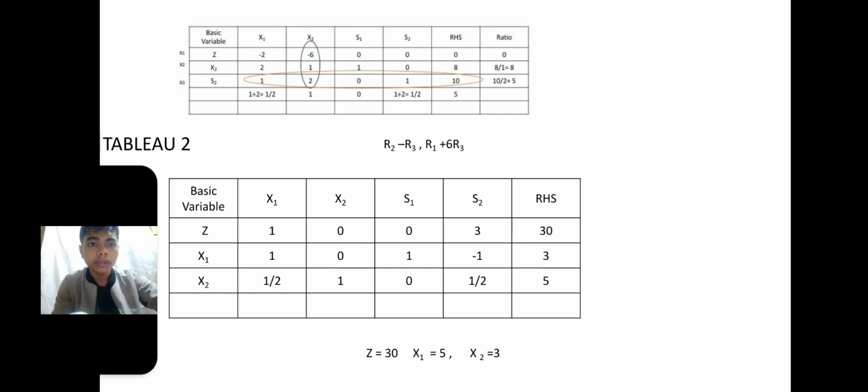All you need to do to solve it is to use the formula: new row equals old row minus the key column element times the key row. So you can get these values in table 2, as you can see on the screen.